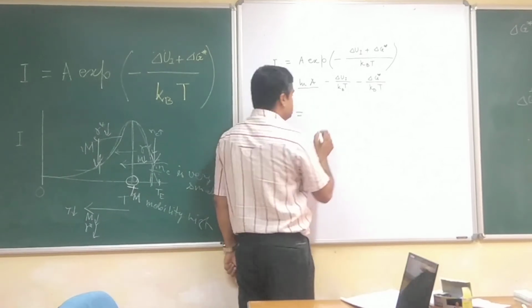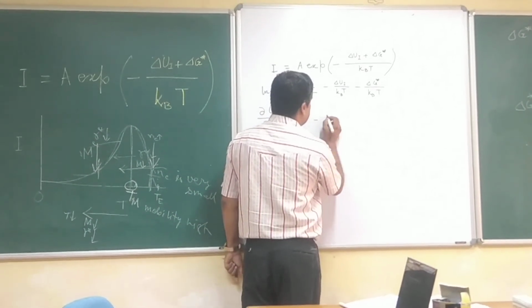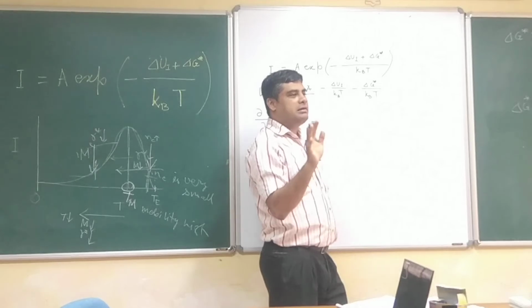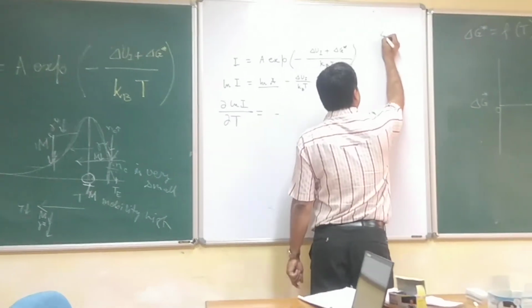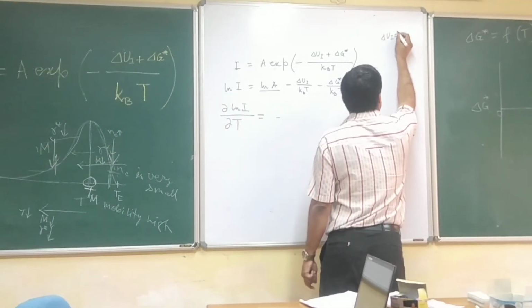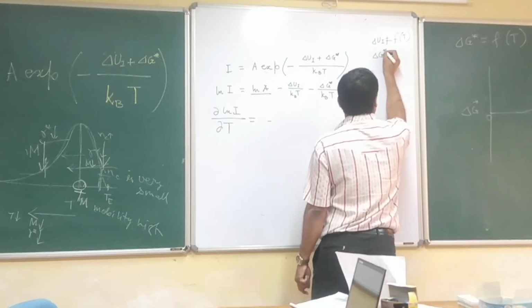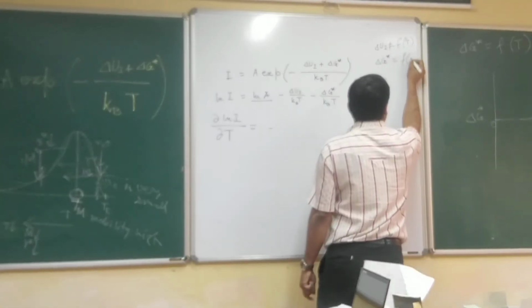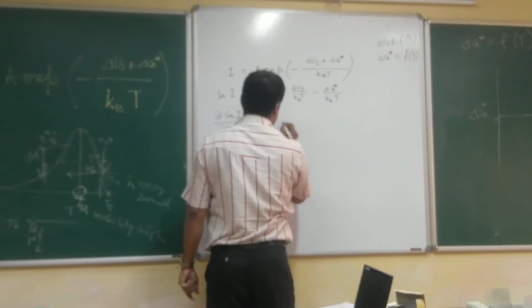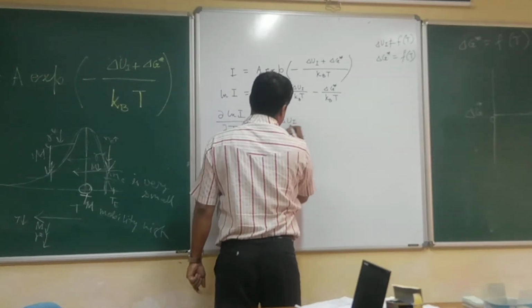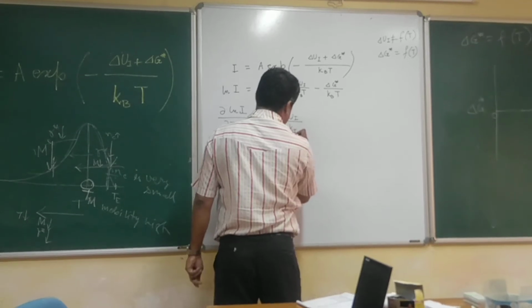This is a constant term, so it will be 0. Delta Ui we are taking as not a function of temperature, whereas delta G star is a function of temperature. So this will be minus delta Ui over kB.